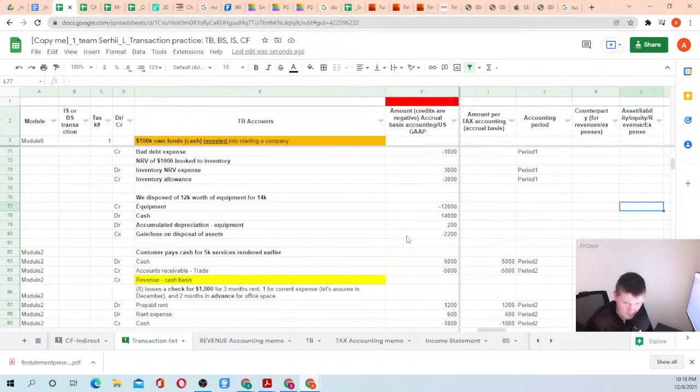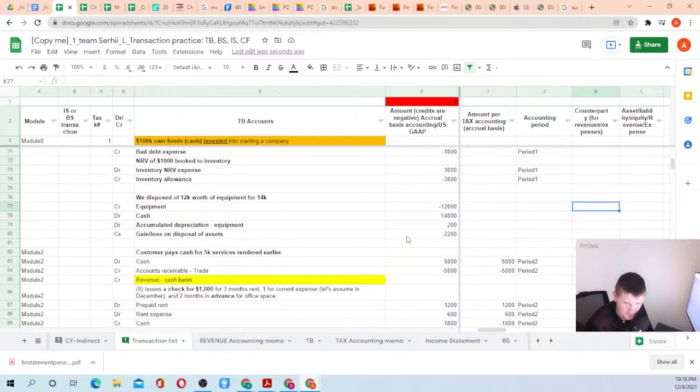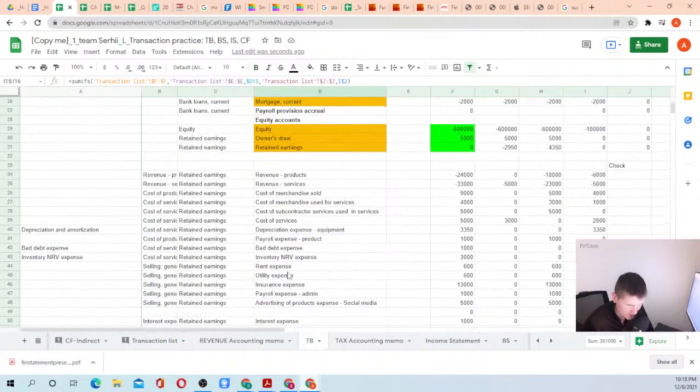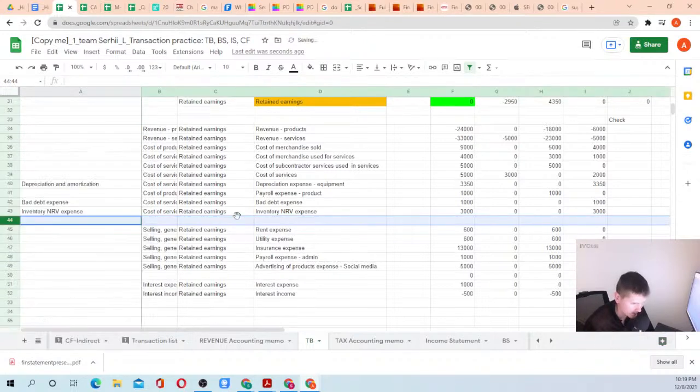Now, let's think about what we will see in the direct cash flow statement. Okay, let's book it to the period first, and then let's add a disposal account here.